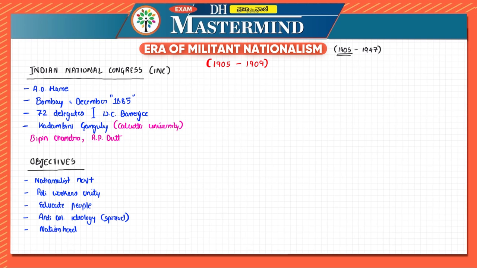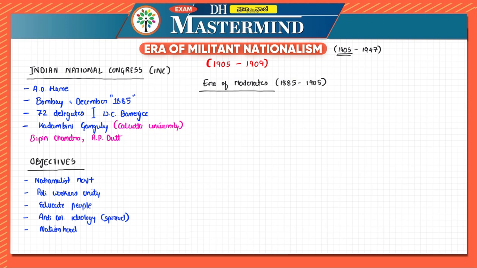See, the first part was about the era of militant nationalism, and here we are discussing the era of moderates again. So we started from 1885, when the Indian National Congress was formed, and we got to know its objectives, and then we are looking at the era of moderates.